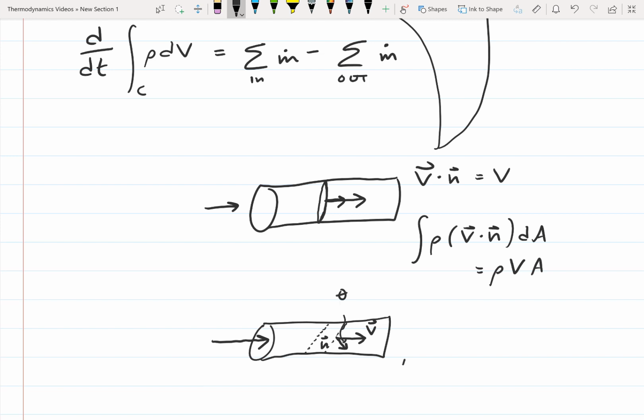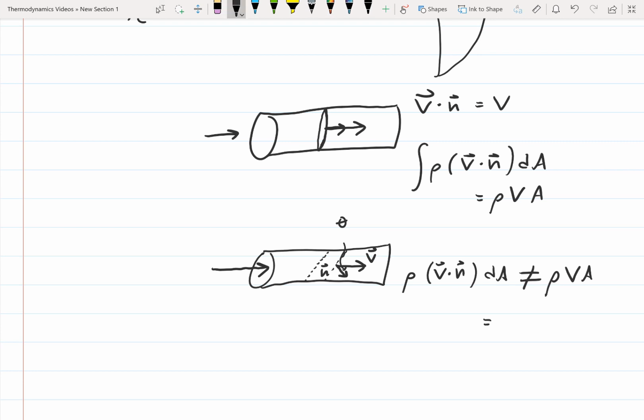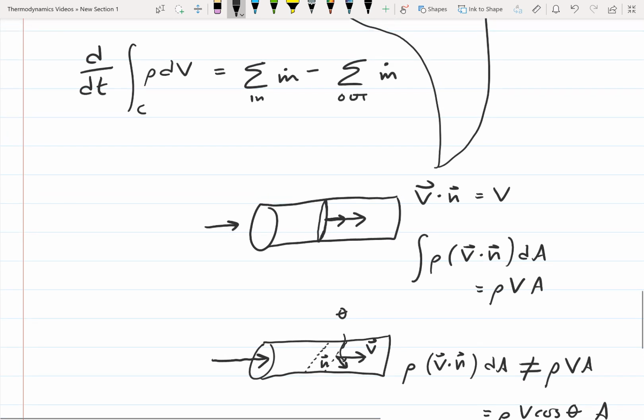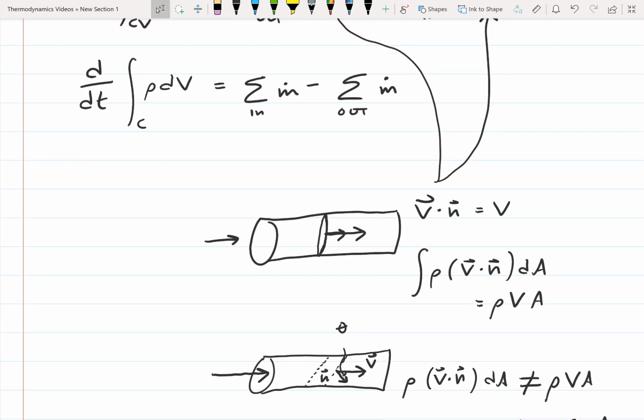Then rho v dot n dA does not equal rho v A. In this case, it's going to be rho v cosine of whatever that angle is, times A. So basically, if you can orient your control volume in such a way that the surface is normal to the flow, then you're going to greatly simplify your analysis.